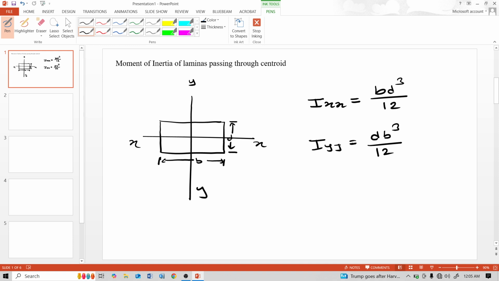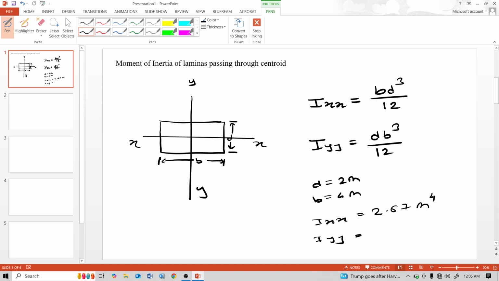Consider this d as 2 meter and b as 4 meter and calculate Ixx and Iyy. Ixx is 4 into 2 cube, b is 4 and d is 2, 4 into 2 cube is 32 divided by 12, that means 2.67 meter raised to 4.